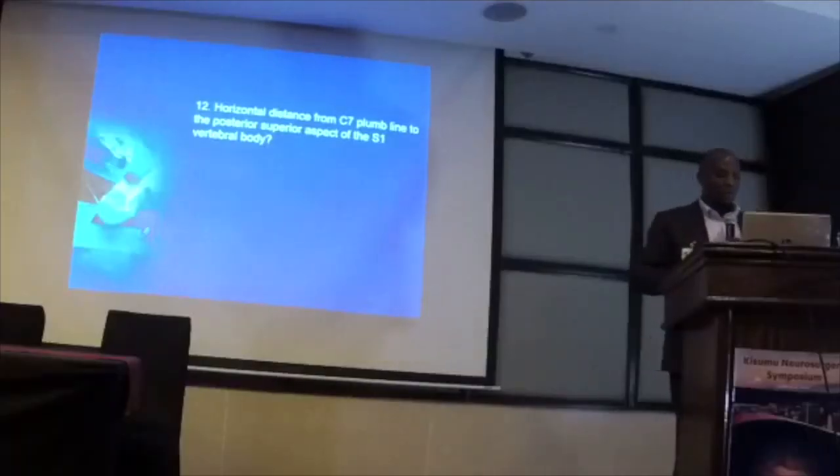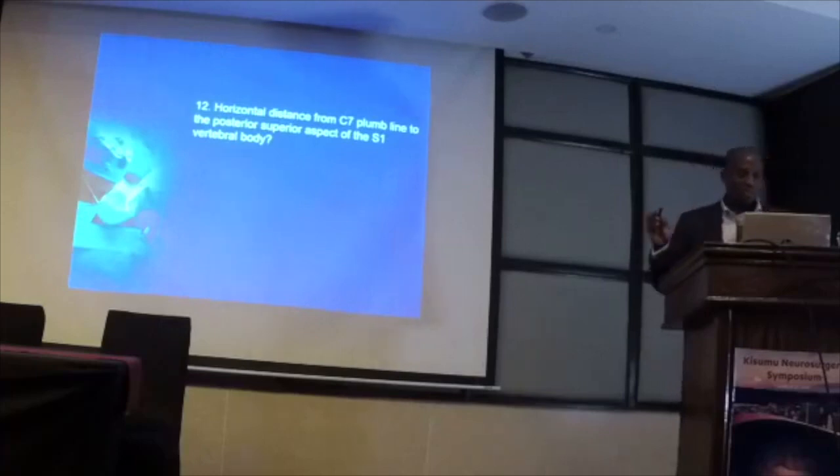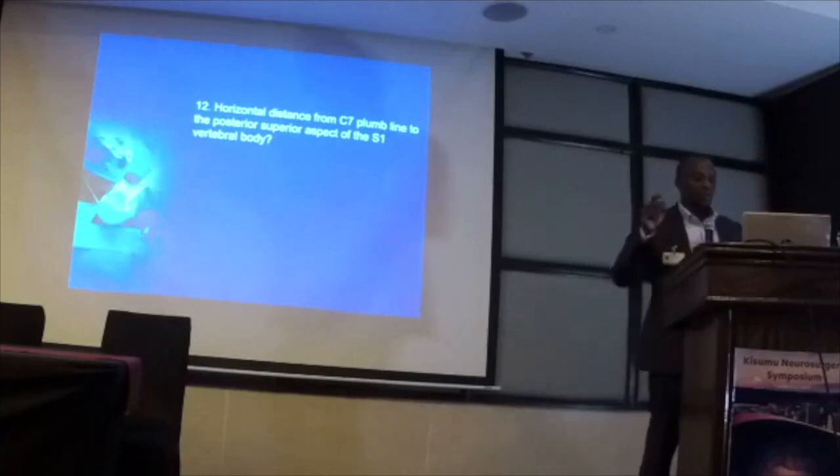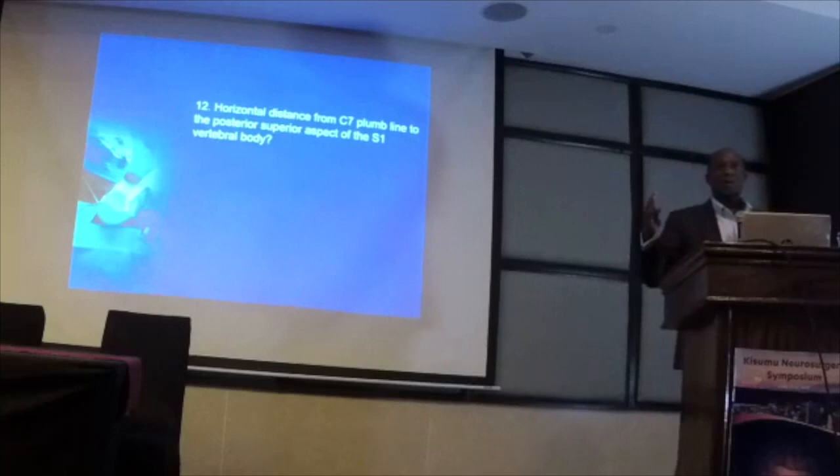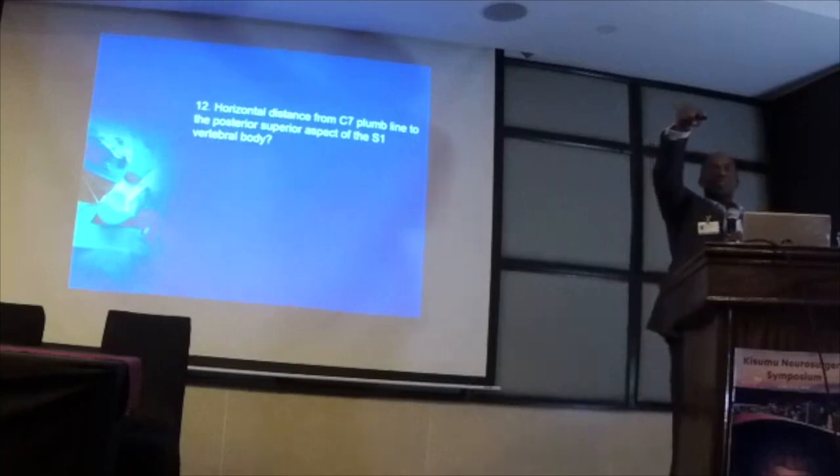All right. So what's the horizontal distance from the C7 plumb line to the posterior aspect of the S1 vertebral body? Someone said earlier. I'm hearing whispers. Just speak up. SBA, thank you.